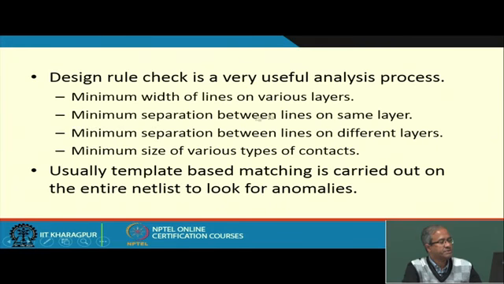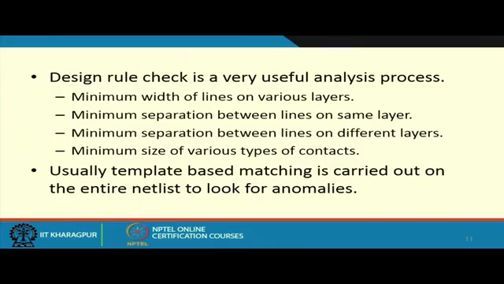Minimum width, minimum separation, same layer, different layers, minimum size of contacts, all these have to be specified. Now, these separations and these widths are typically specified in terms of the basic feature size, which we refer to as lambda.